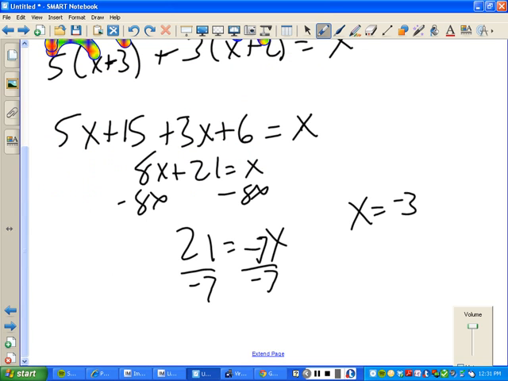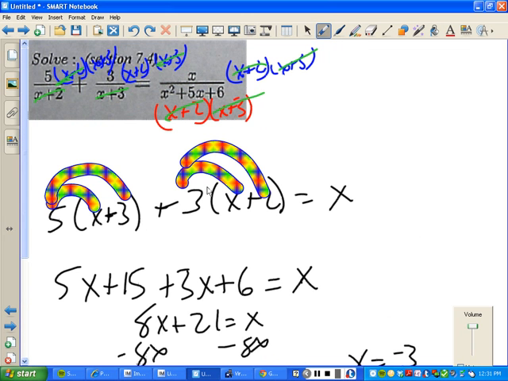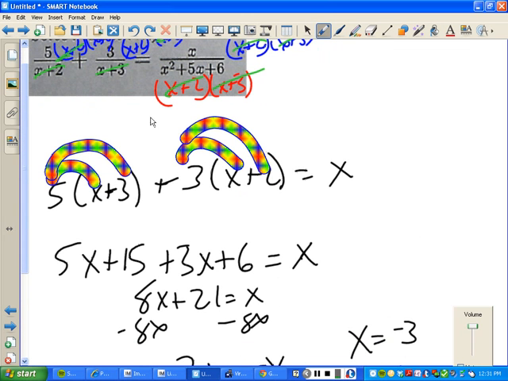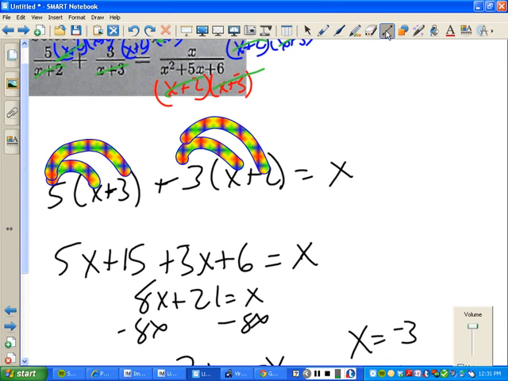And again, the one thing I see there is people get done, they get so excited, they're like negative 3, feeling real good about themselves. Okay? Solution set, yeah. If you plug in negative 3, observe. If you plug in negative 3, negative 3 plus 3 is 0, and you can't do that.